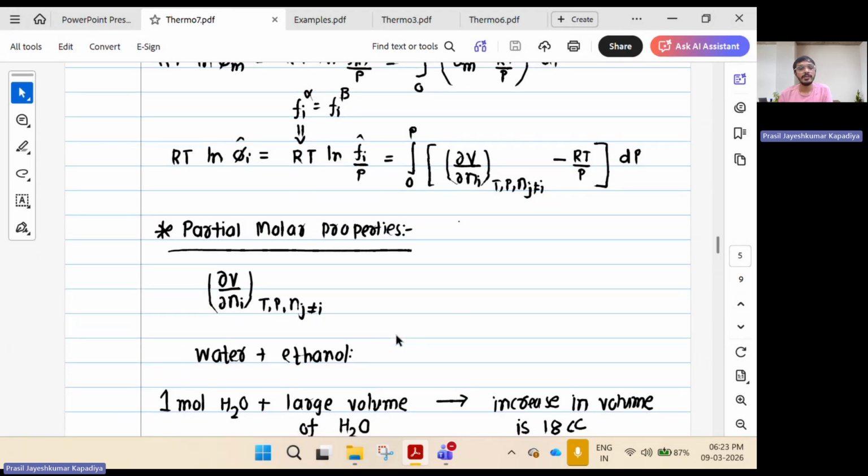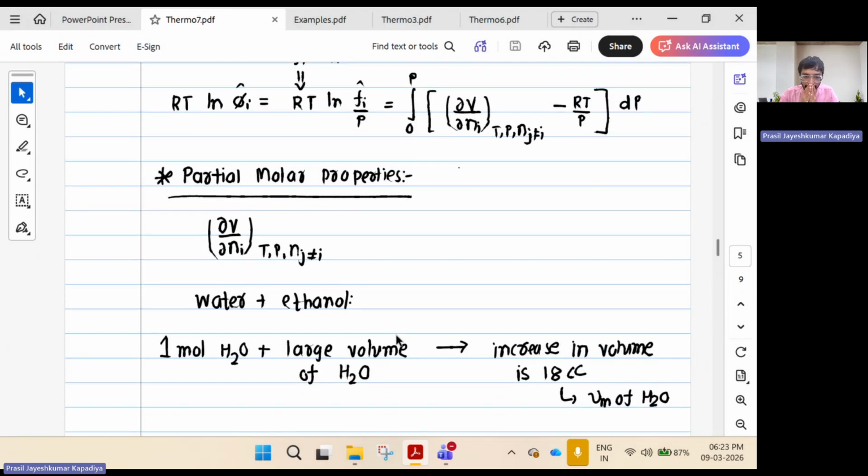So how does it affect? Let's say you are having a very large quantity of water. In that large quantity of water, let's say you are adding 1 mole of water. What is going to happen when I add 1 mole of water? The volume of the system is going to change, correct? So what should I expect?